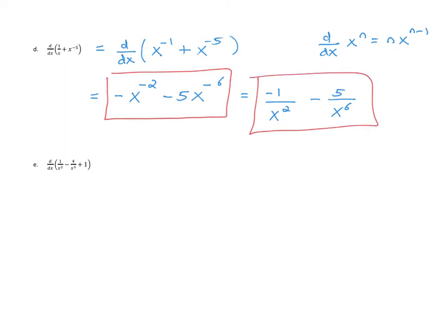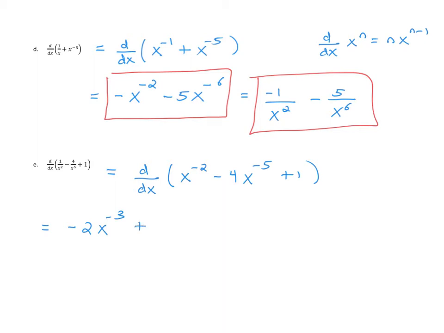I'm going to take the same approach in part E. So again, rewriting this thing as I'm taking the derivative of 1 over x squared is x to the negative 2 minus, we get 4 times x to the negative 5, and then I just leave plus 1 alone. If I take the derivative of this thing, I get negative 2x to the negative 3.